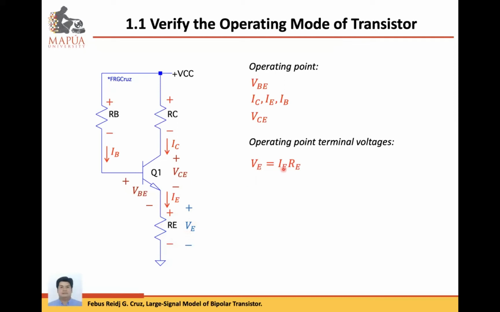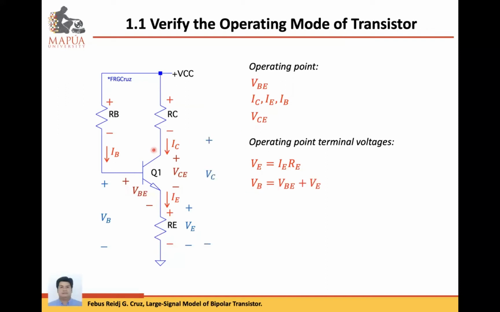So VE is IE times RE. And then we can also calculate the base voltage. We can do a voltage loop. So base voltage equals VBE plus the emitter voltage. So yan yung equation natin.